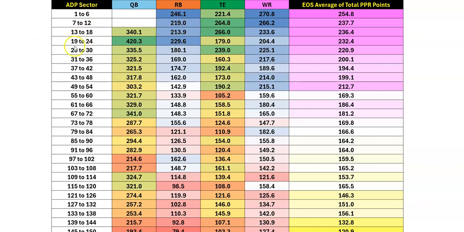But there's clearly, after the 2nd round, you're to the next tier. So the reason I like to understand this is your expectations and what you're looking for. In other words, expecting an ADP 1 to 6 type RB to be there in the 5th, 6th, 7th round and pass.